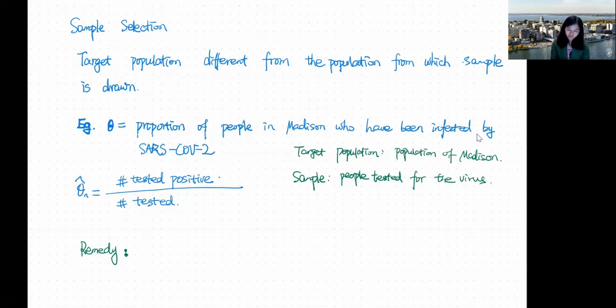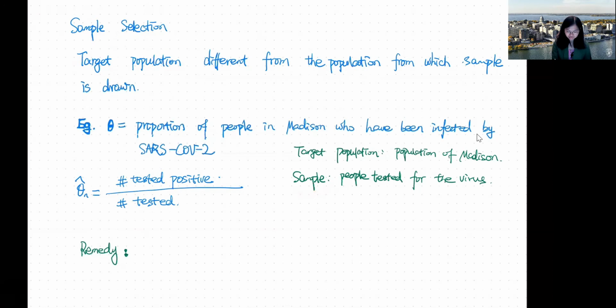If you think about when people will actually go through the trouble to do the test, most of the time is when they have been in close contact with someone who has tested positive, or when they experience symptoms that make them think that they might have the virus, so they go to get tested. And other people who have not been in close contact with someone who has tested positive or have not experienced any symptom will simply not go through the trouble.